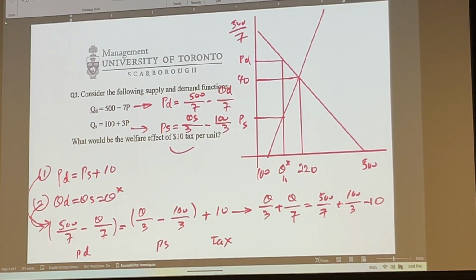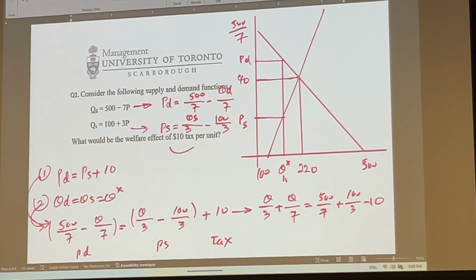It will be lower than 220. You can see it on the graph, it's lower than 220. What do you get? Must be lower than 220, higher than 100.